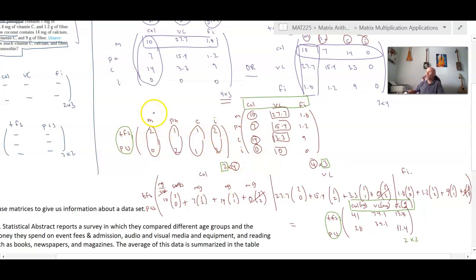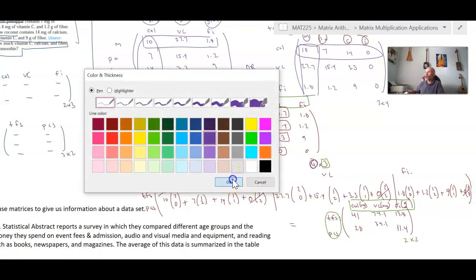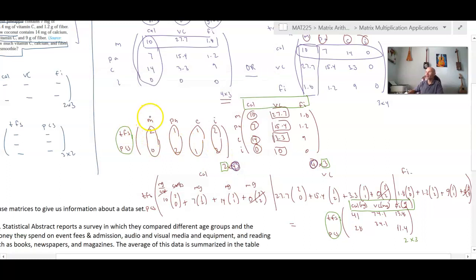As well as, notice the consistency here. Not only do these inner dimensions match, but also what we're comparing, what we're multiplying are like parameters. Mango, pineapple, coconut, ice times mango, pineapple, coconut, ice. That's very important in order to do that.